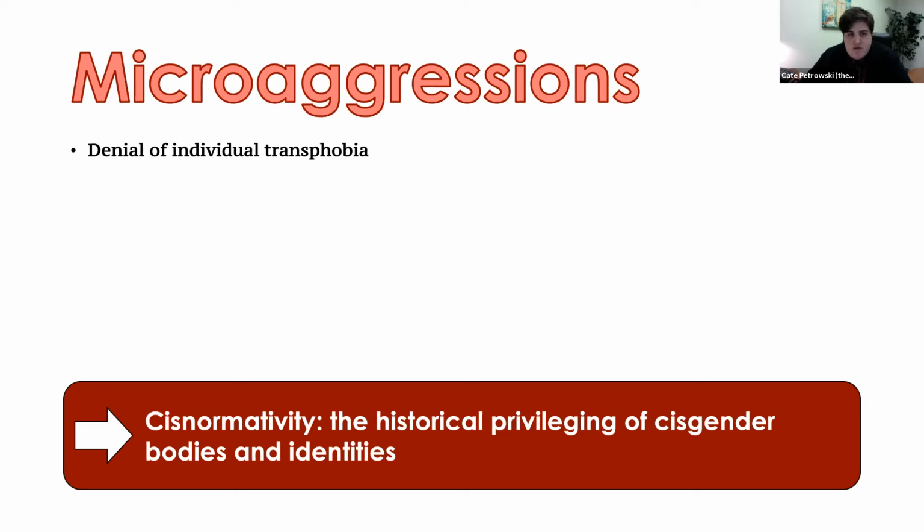Just denial of individual transphobia. This could be a cisgender person denying that they're transphobic at all. For example, a gay man who says something like, how could I be transphobic? I'm gay. I know what it's like to be queer. So how could I also be transphobic? Also could be denial of bodily privacy.